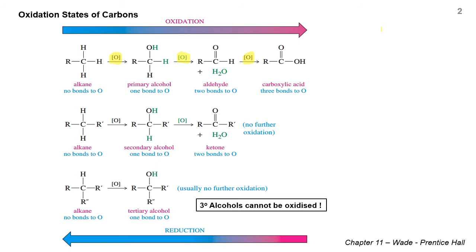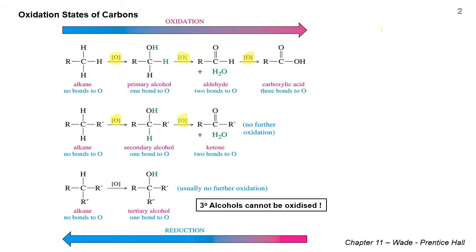However, if you now have two substituents near the carbon, starting from alkane, you can oxidize one time to form secondary alcohol, and you can oxidize again to form the ketone. But from here, you cannot oxidize it further because you are blocked by two alkyl groups. So the ketone is now the maximum oxidation level.